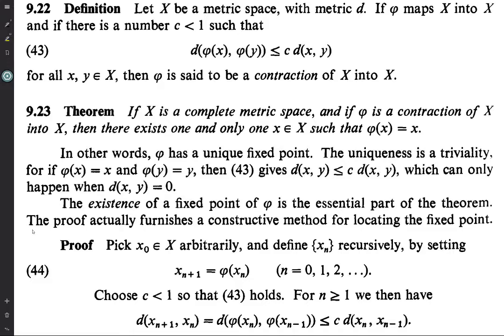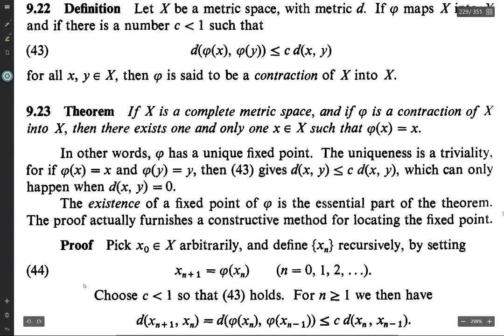And so you can imagine maybe, if we did that with just a particular x naught, and we just send it through this function phi repeatedly, then maybe it should go to this fixed point, and that happens to be the case. So you pick x naught in the set X arbitrarily, and you define the sequence recursively by setting x(n+1) to be phi of x(n). So you have x0, then phi of x0, then phi of phi of x0, etc.